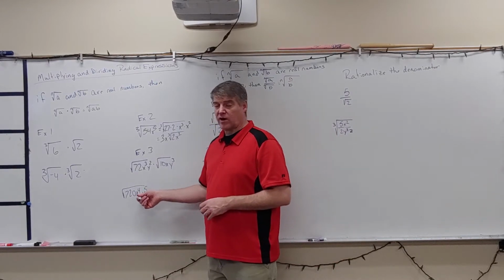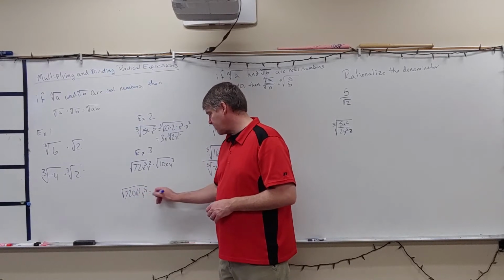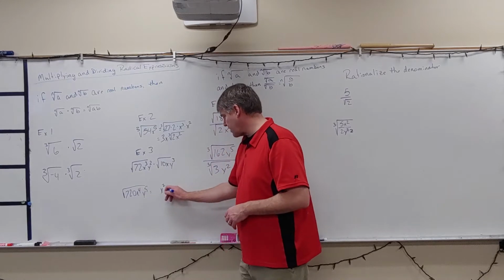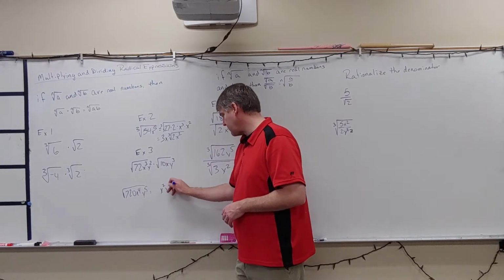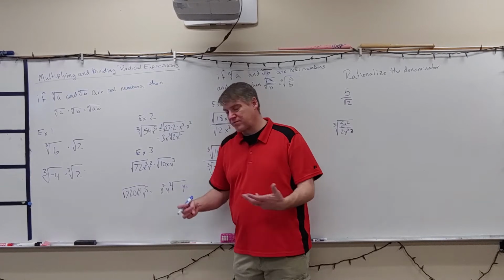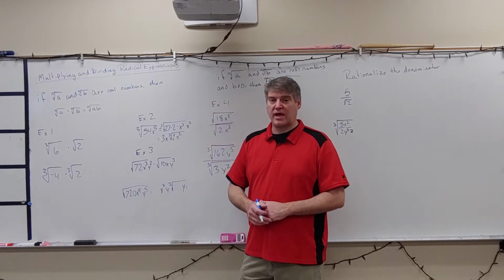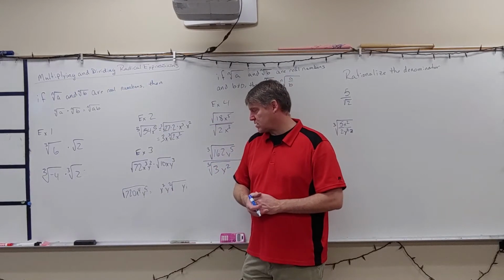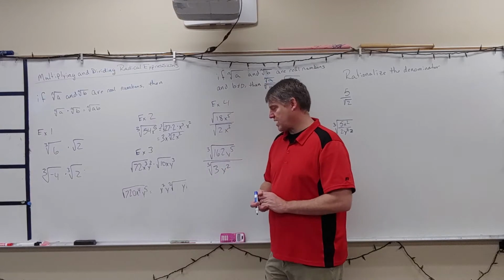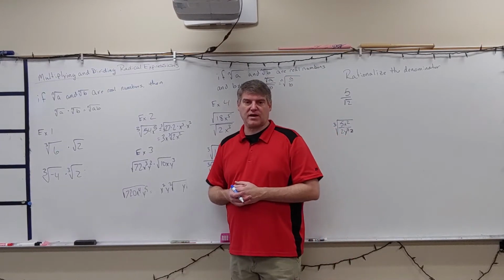It really helps with your variables, because I can go, the square root of x to the 4th is x squared. The square root of y to the 5th is y squared, and I have a y to the 1st inside. I don't really write the 1 there. But now I have to look at breaking this 720 up, and that's where it becomes a little bit harder.